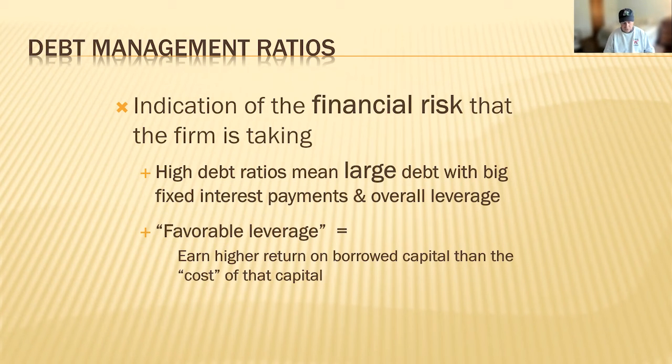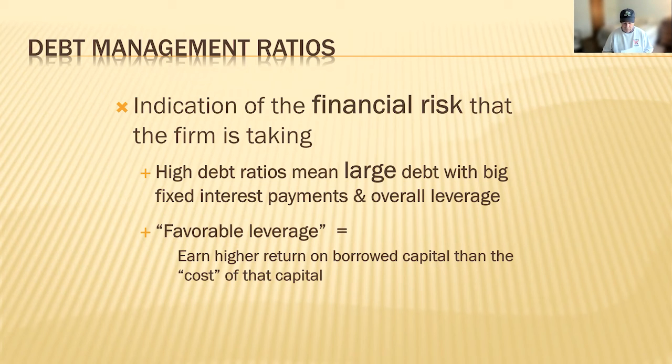This will be an indication of the financial risk that the firm is taking. High debt ratios mean a larger debt, generally with larger fixed interest payments. And overall, there's that term leverage again. If you're considered to be leveraged, it generally means that you have more debt than someone that is not as leveraged.